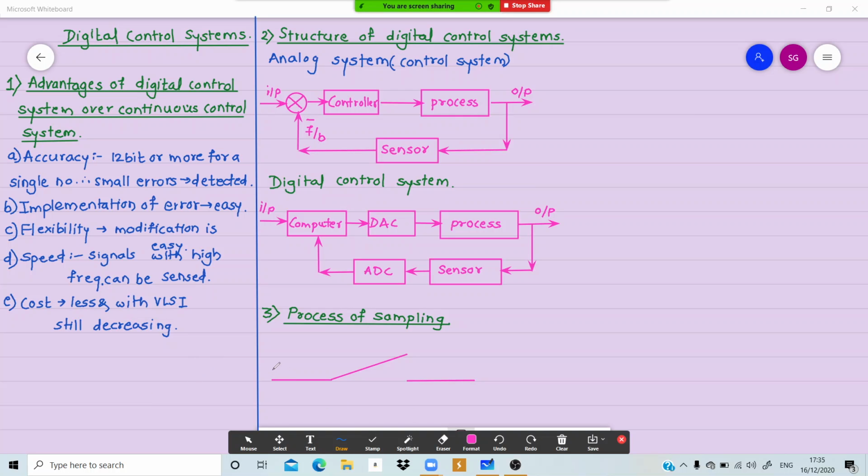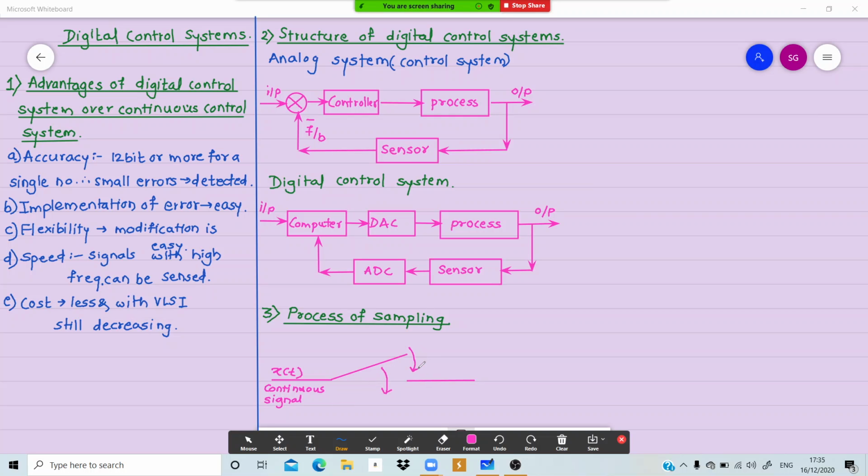So let us say I am saying it is x of t, which is your continuous signal. Fine. That signal is sampled, so sometimes this switch will be on, this switch will be off, right?